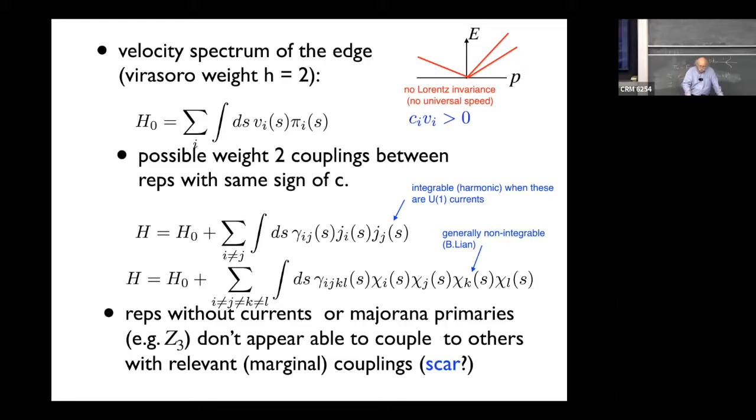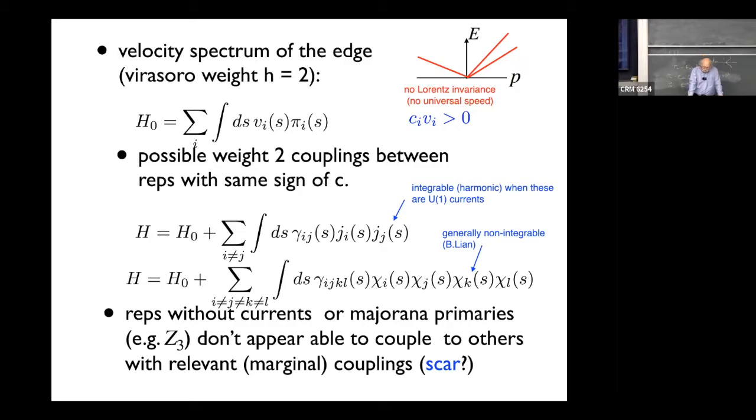It's kind of interesting that my colleague Laughlin recently looked at this. You can of course write down just a load of couplings of weight 1 current operators, right? And if those currents are U1 currents, it's just harmonic oscillators, so you just get a set of velocities.